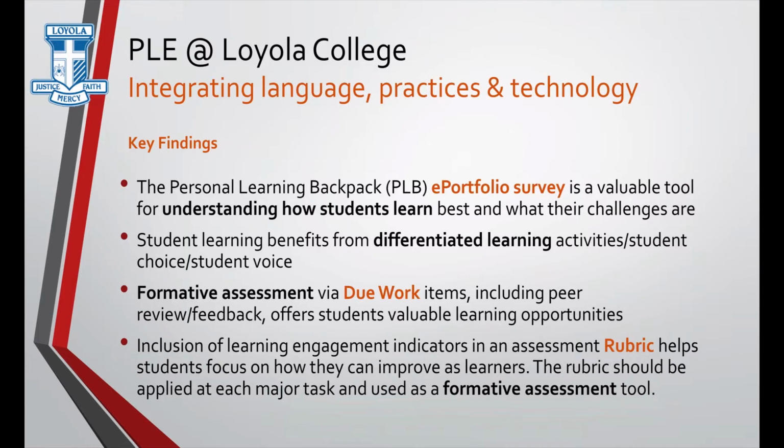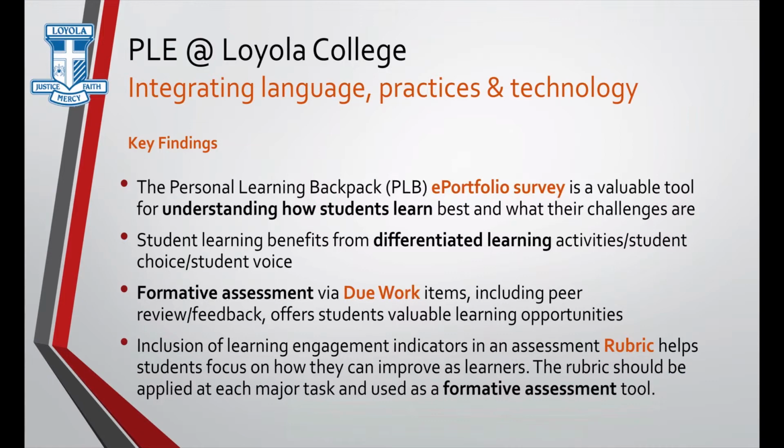Look up things like minute project, exit and entry tickets, little things that you can do along the way that give students an opportunity to self-reflect. And finally, the rubric that you're going to use to actually capture how they are engaging in the learning process, which I think is the critical ingredient here if you want to develop them as learners.